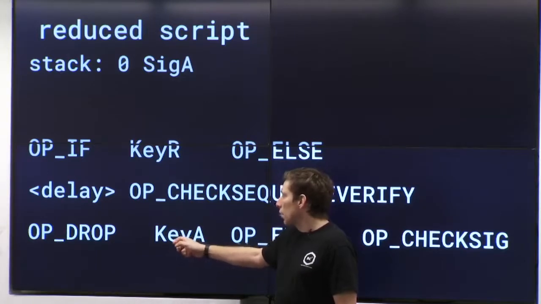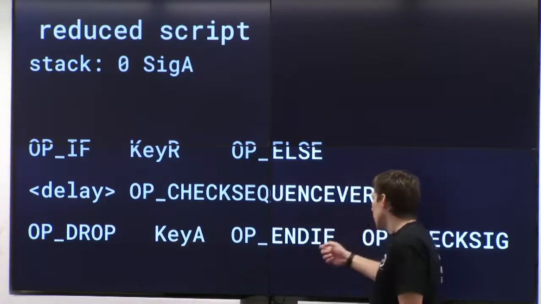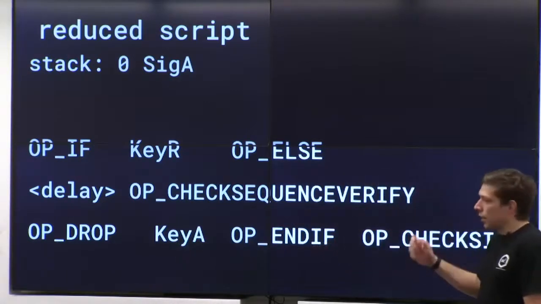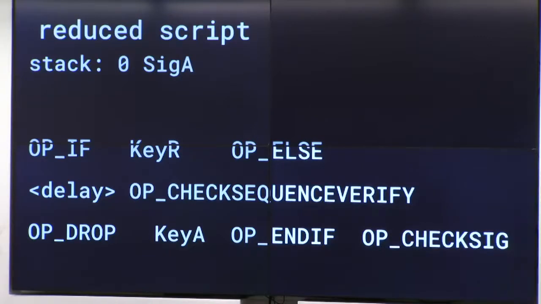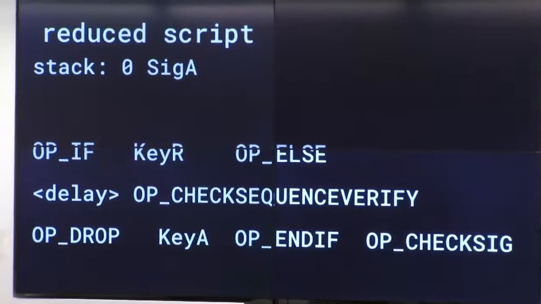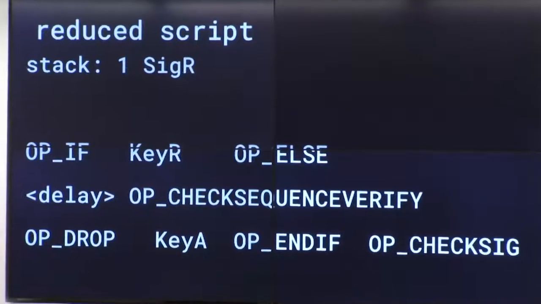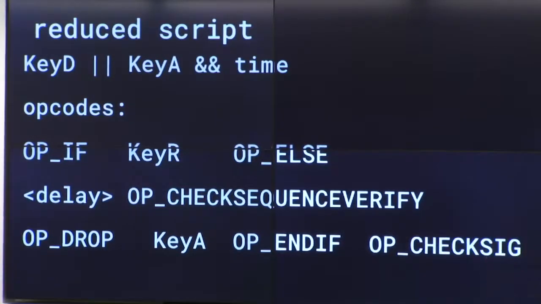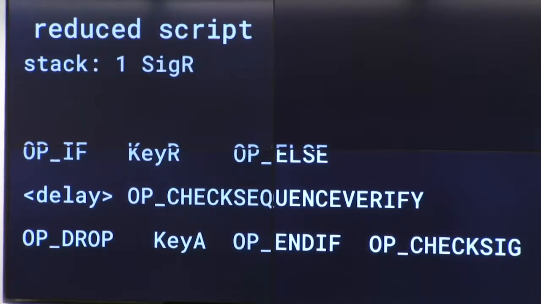Then pushes key A onto the stack, ends the if statement and checks the signature. So it's a little more complicated than like in C, where you just can say like, you know, key D or key A and time. But this is stack-based, and it's not too hard when you get these things to work.